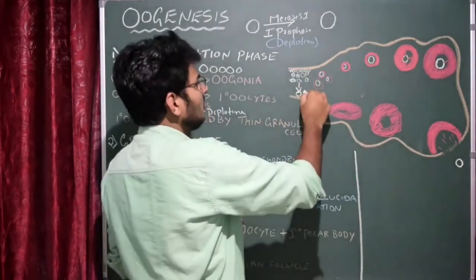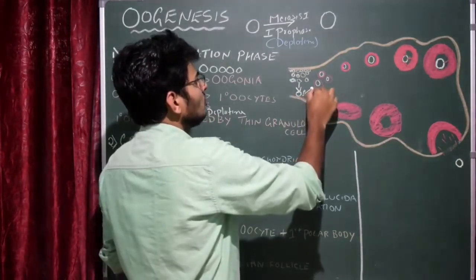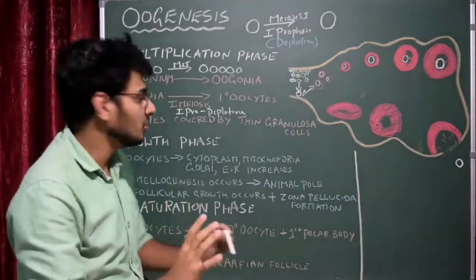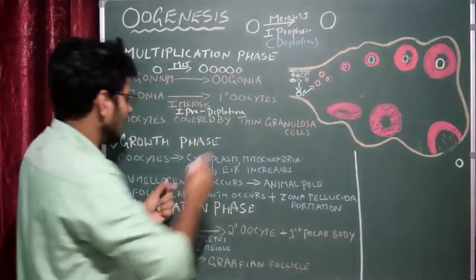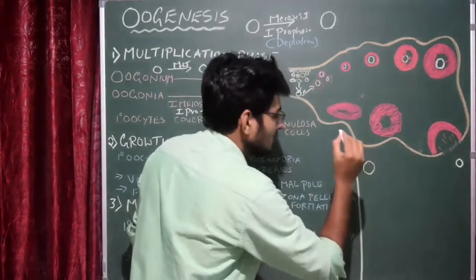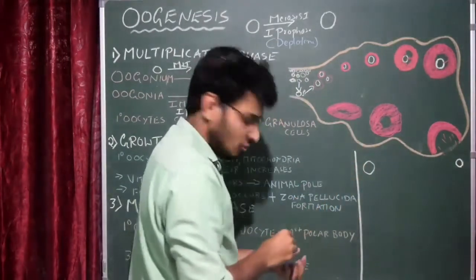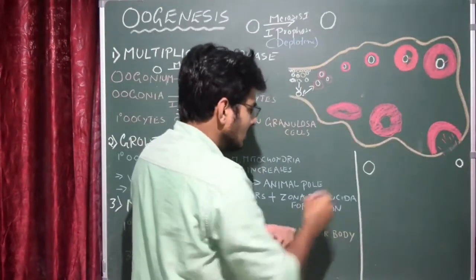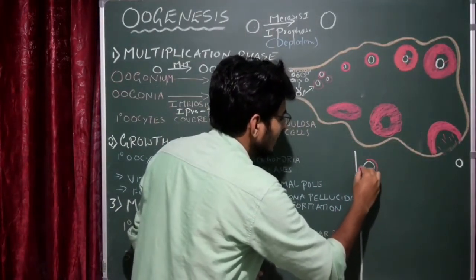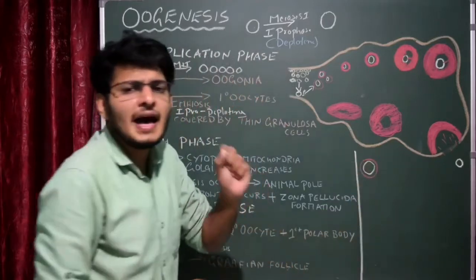Now this same primary oocyte undergoes certain transformational changes, again before the birth. So this is the primary oocyte arrested in first prophase. Now you could see certain changes. This primary oocyte is now surrounded by a thin layer of granulosa cells.